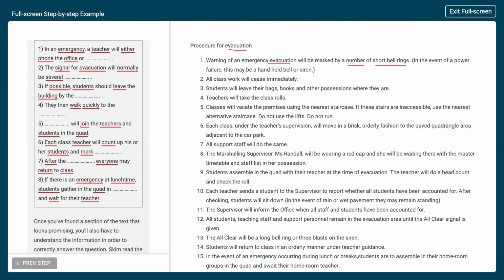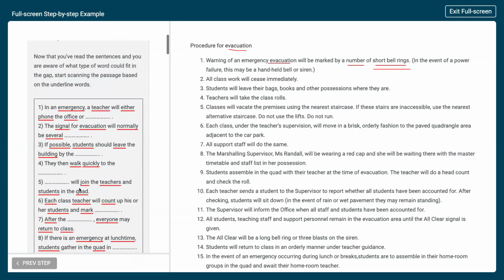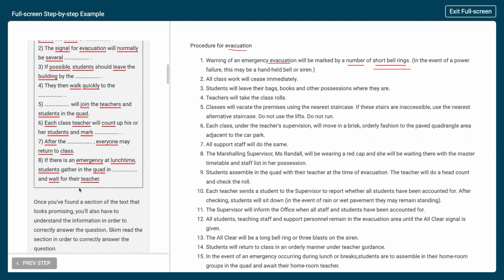And so the fact that we have several and a number, I would say here, short bell rings. We've got up to 3 words again, and this looks perfect. It's a noun, like we thought, so I'm going to scroll down and write short bell rings. Perfect. You see how it's definitely coming in order here.